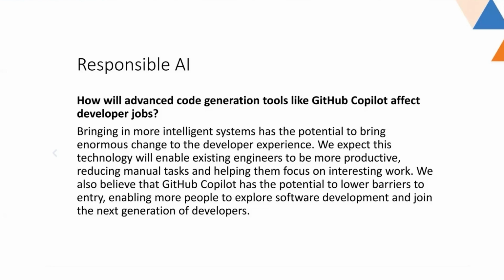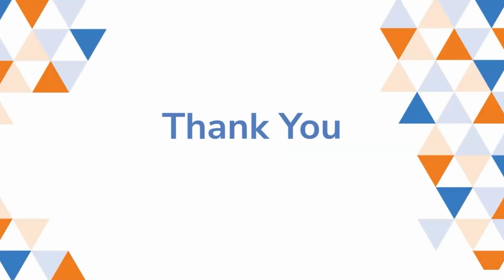These tools are actually helping or assisting you to write better code. We should keep that in mind. At the end of the day, we need to do the work. Even if the code is coming from GitHub Copilot, we have to verify it and improve it if we are able to. So that's the thing about GitHub Copilot and the responsible AI aspect of it. Yeah, thank you everyone.